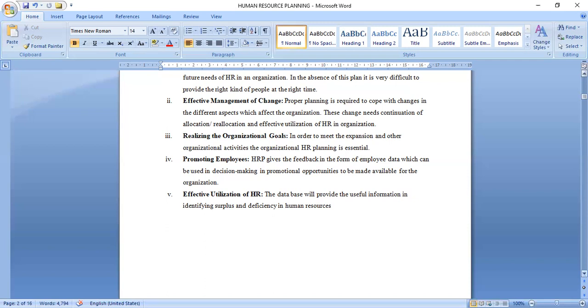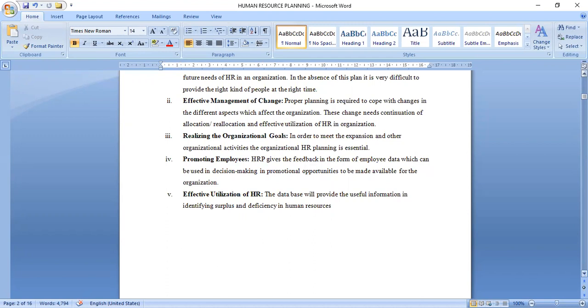So in regard to promotions, it is very important that human resource planning is put into consideration, such that in case of anything, these workers are promoted. Of course, they don't just promote you out of the blue; it depends on a number of things, with training, development, capacity building, and so on.